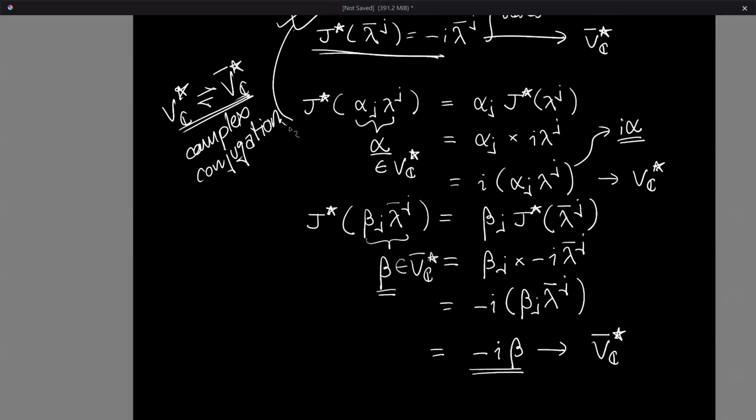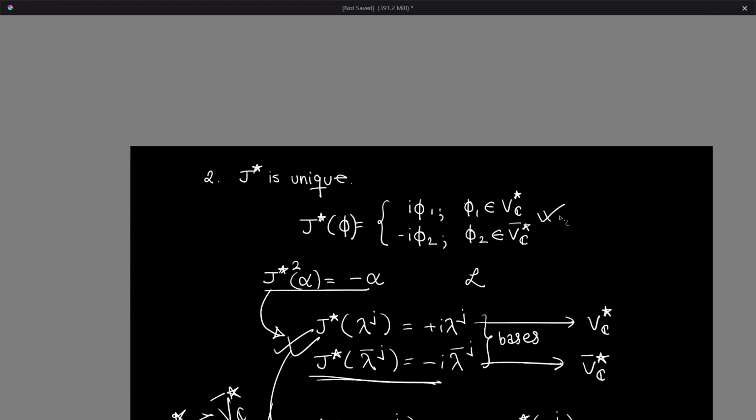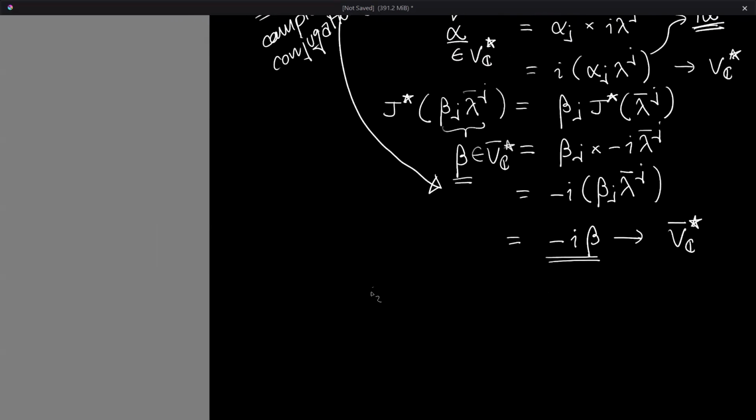Anything in VC star will be multiplied by plus I, and anything from VC star bar will be multiplied by minus I, which means that we just showed that the action of J star, as long as it's a complex structure, is exactly the definition. So there's only one complex structure. It's the one that looks like this.